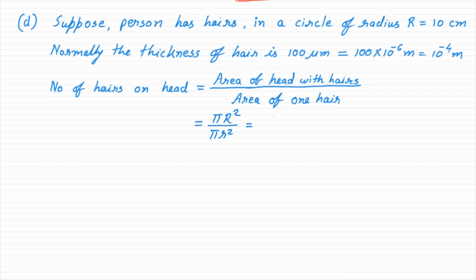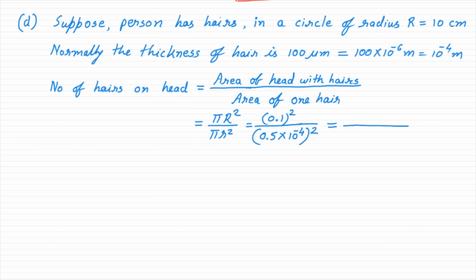R is 10 centimeters, so it will be 0.1 meter, squared, divided by small r square. The value given here, 10 raised to minus 4 meter, is the diameter of hair, so we have to take half of it: 0.5 into 10 raised to minus 4, that is the radius, and then square.